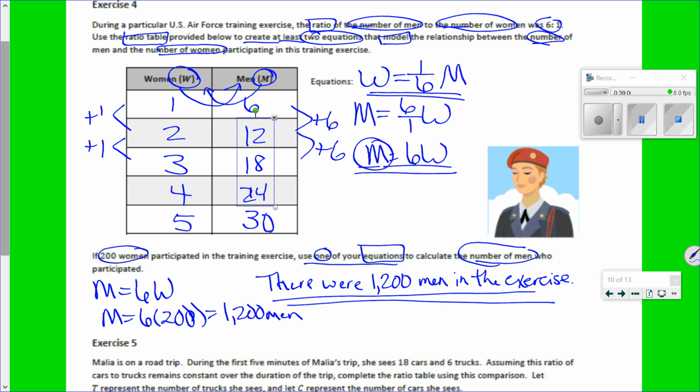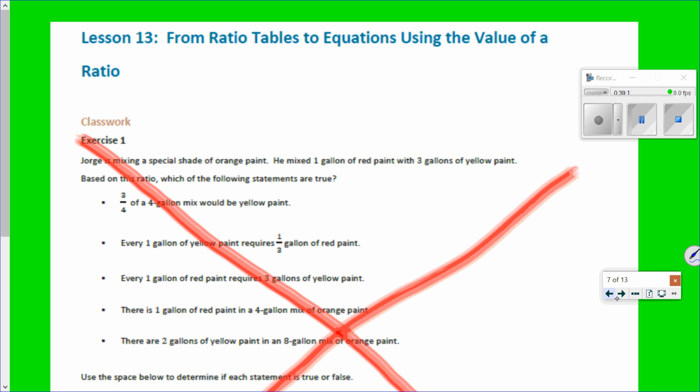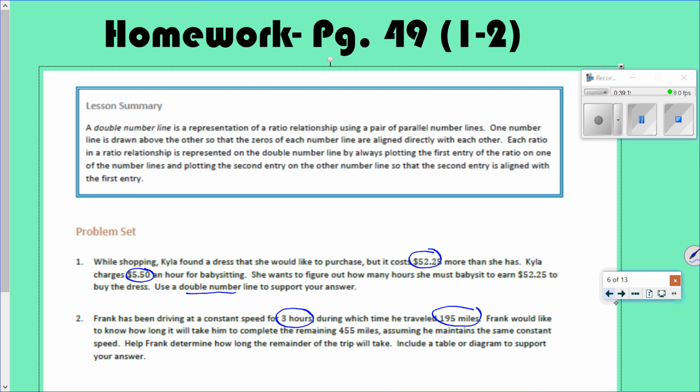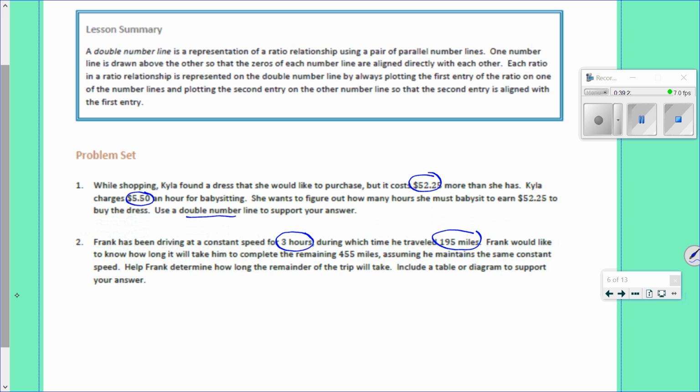Okay, so that should give you guys a good basis for building your equations in your homework. So let's talk about the homework just really quickly. You go to page 49. A couple keys that I've already highlighted here for you. Number 1 is your 2 intervals for the first one is going to be the $550 and then hours.